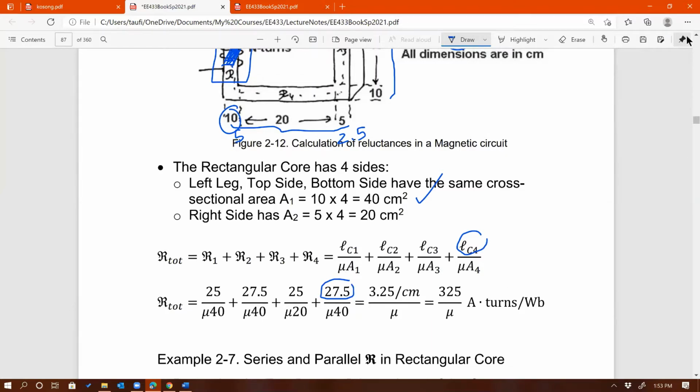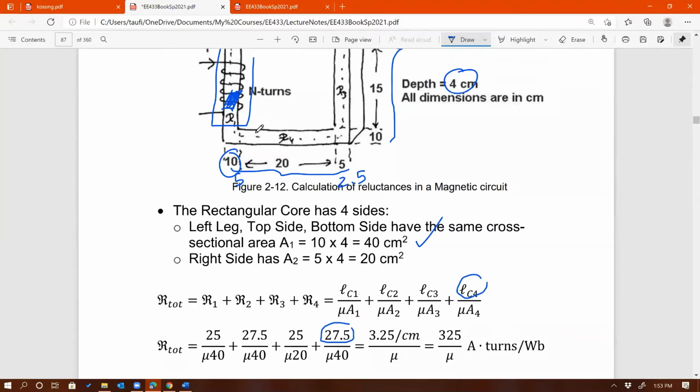And then how about the area of the bottom side, the cross-sectional area? I didn't draw it correctly, but if this is the bottom side of the core, what is the cross-sectional area of that? Well, that's going to be the width, which is 10 right there.